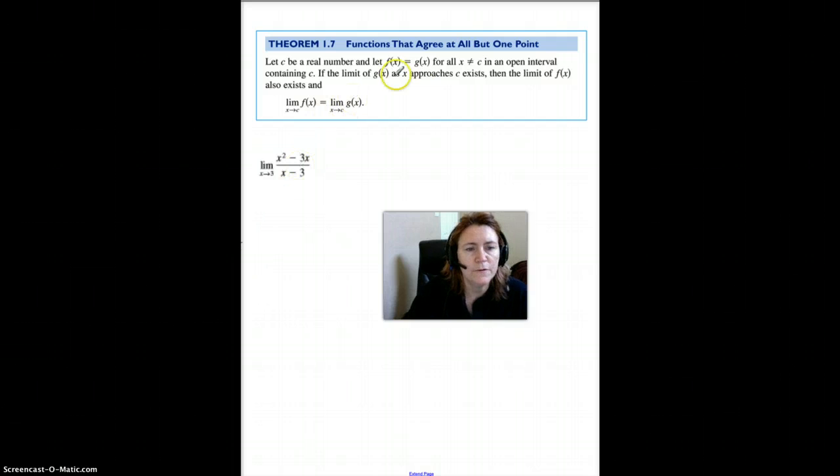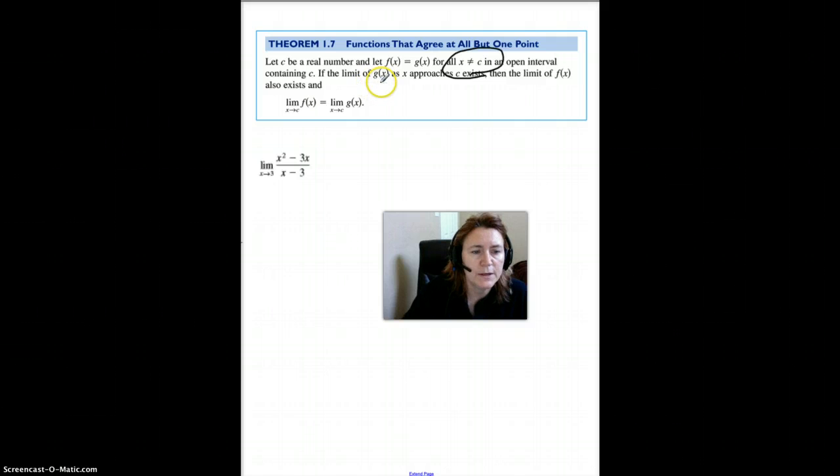Now, what do you do if a function agrees on all but one point? We use this quite a bit. We get ourselves out of some messes with this theorem. If c is a real number and f of x equals g of x at all except one point in an open interval that contains c, then the limit as x approaches c of f of x is equal to the limit as x approaches c of g of x.